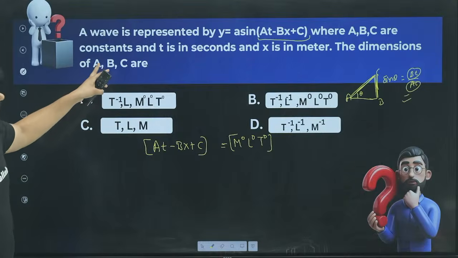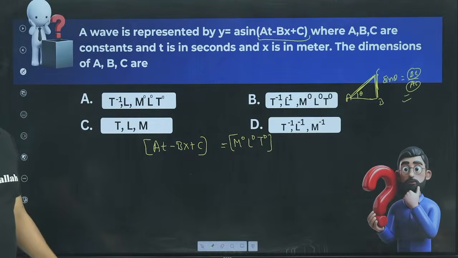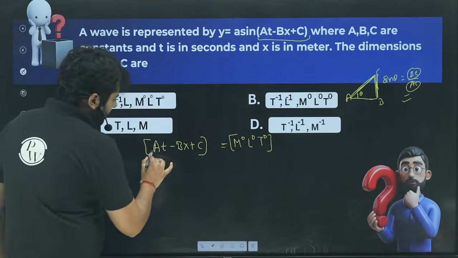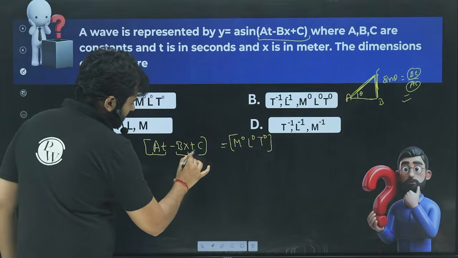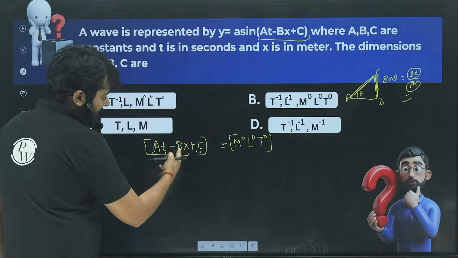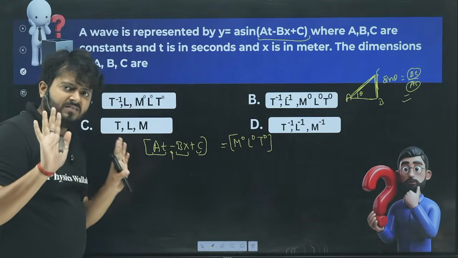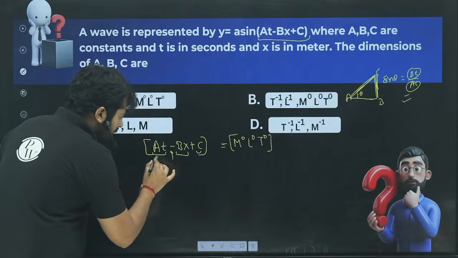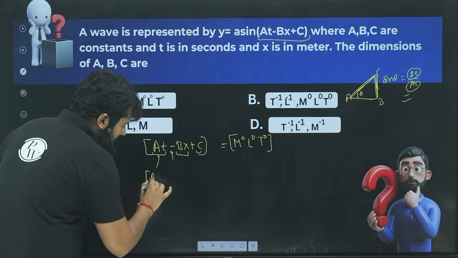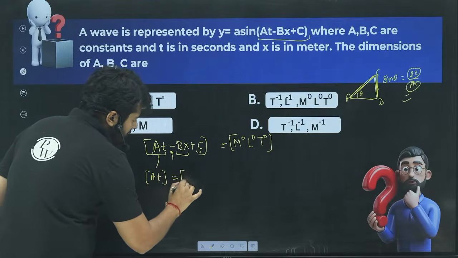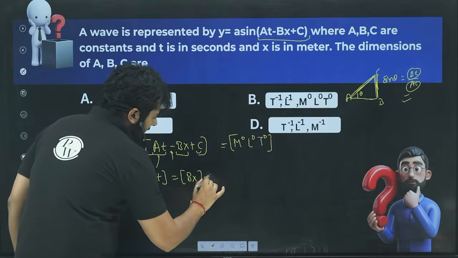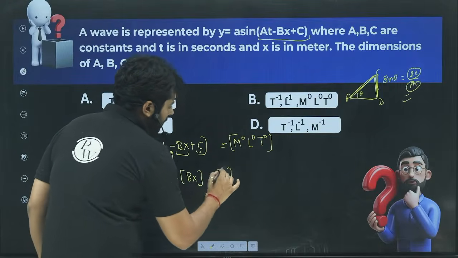So we have to talk about the dimensions of A, B and C. My dear kids, can I say that this and this have a minus sign in between? That means whatever is subtracted must have the same dimension. The dimension of AT and the dimension of BX and the dimension of C must all be the same.